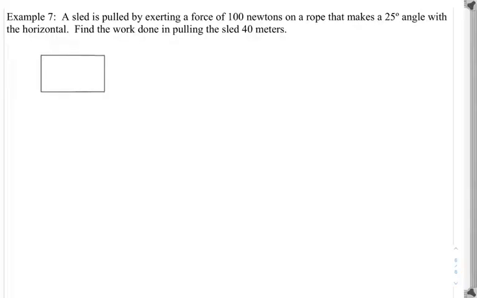All right, so example number 7, it says, a sled is pulled by exerting a force of 100 newtons on a rope that makes a 25-degree angle with the horizontal. Find the work done pulling the sled 40 meters. So we'll just use a box to represent our sled. There's our P and there's our Q, and that's our line of direction that we're moving.